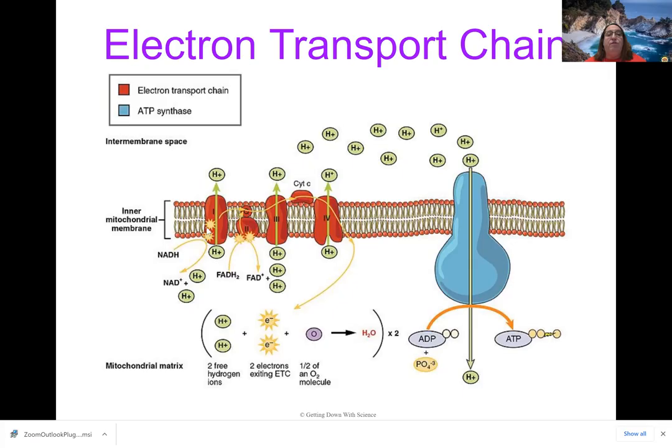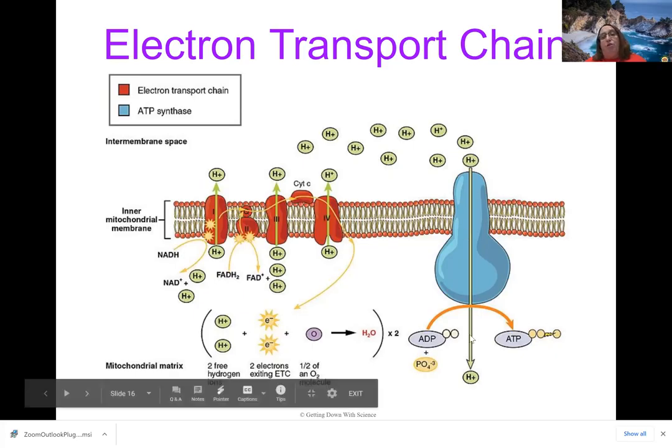This orangey line here is the electrons. As we're passing those electrons, we're going to move the hydrogens. So we got a lot of hydrogens on one side of the membrane and not as many on the other. Then they're going to move through this molecule, our ATP synthase. And through that process, we make ATP, taking that energy and then that hydrogen.